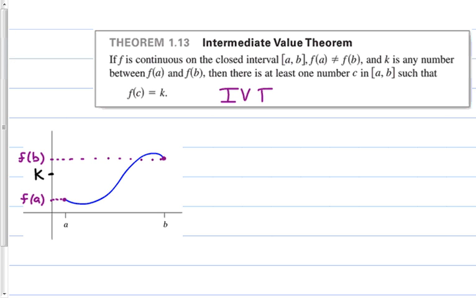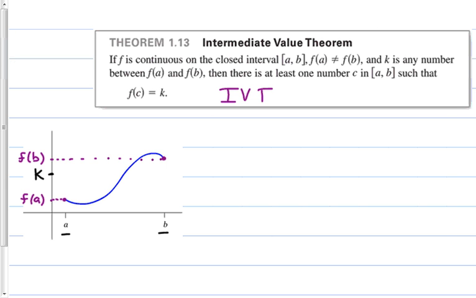And since k is in between those two y values, what this theorem allows us to do is assume that there is a value called c, which is an x value. There is an x value in between a and b that belongs to k, which means if I plug it into the function, I get k back out.